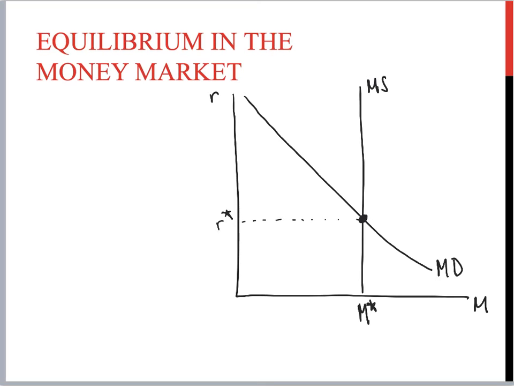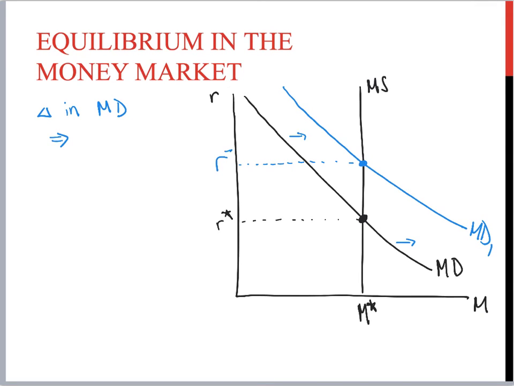So if there is a change in money demand, so let's look at an increase in money demand, that is only going to change short-term interest rates. So it's going to change the interest rate, but not the quantity of money, because money supply hasn't changed.